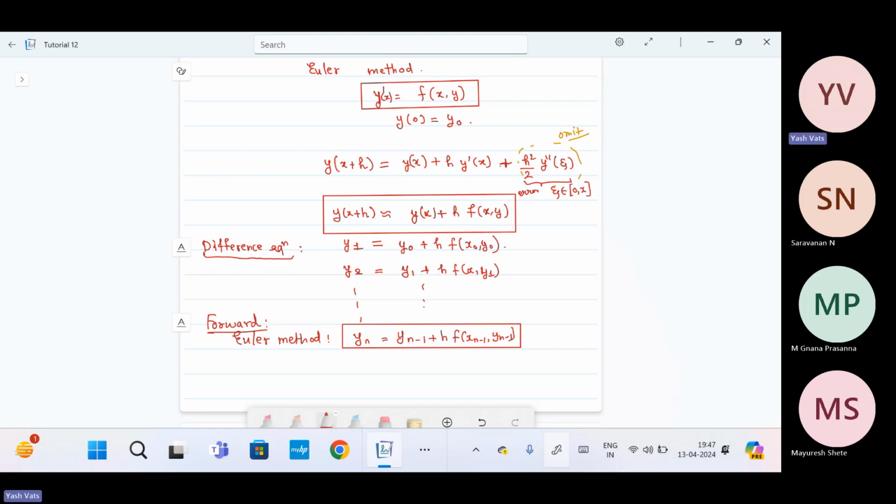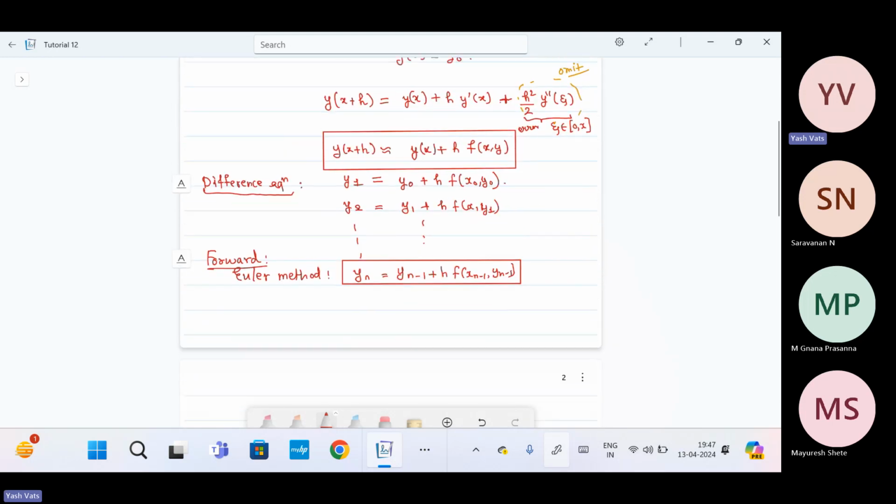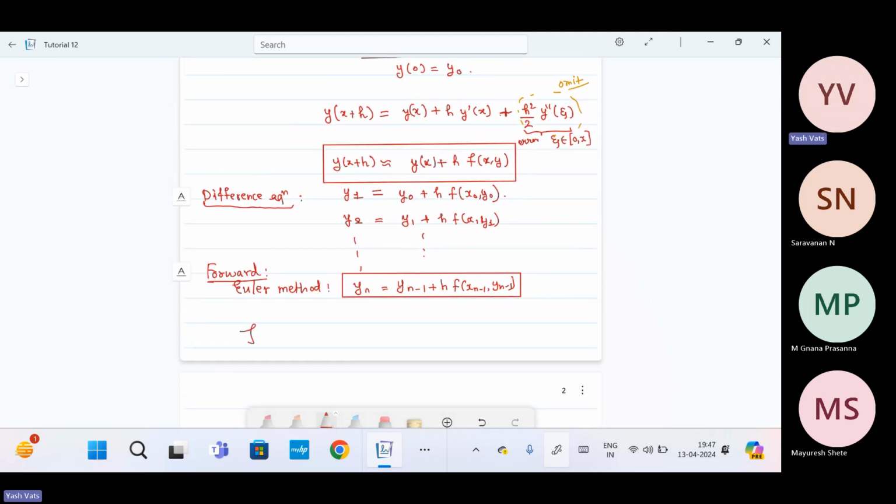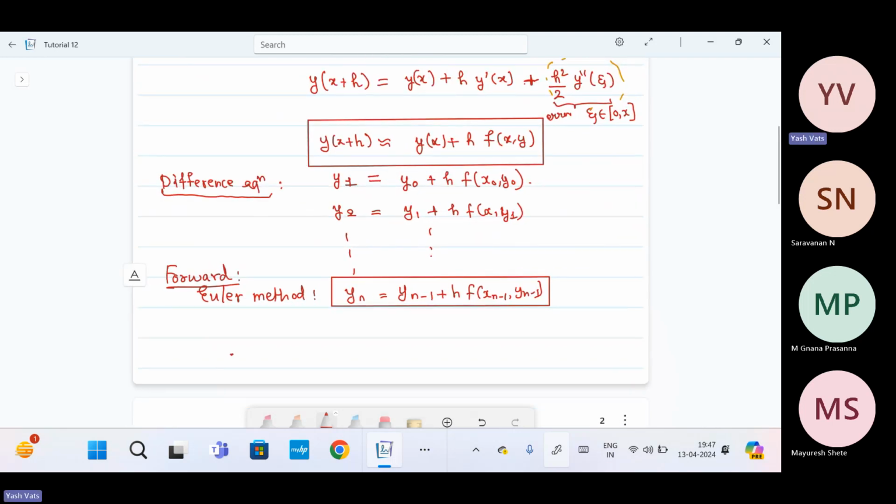It is like a global error for integration. There are two types of error: local truncation error and global truncation error. So what is the local truncation error in this case? Can you tell me? It is h square by 2 times y double dash.